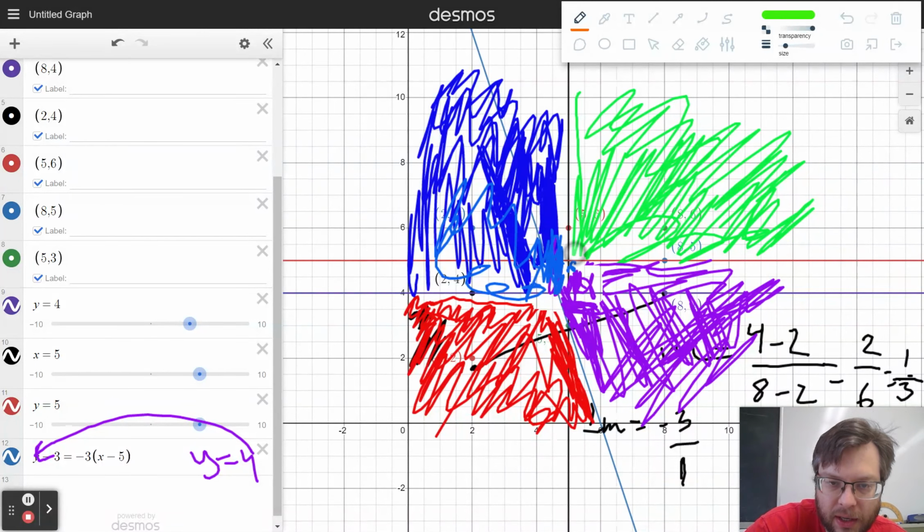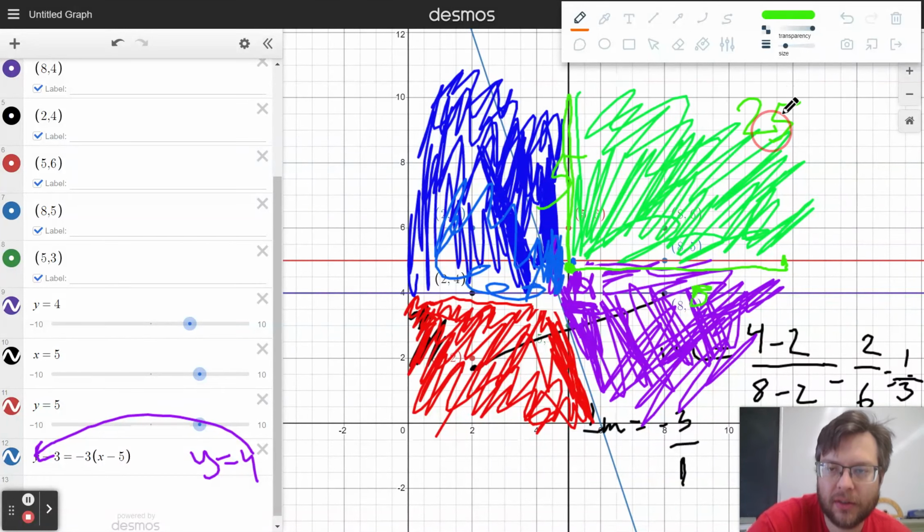So the green area goes from x equals 5, and the end point is 10, so it's a width of 5 and a height of also 5. So the green area is 25.